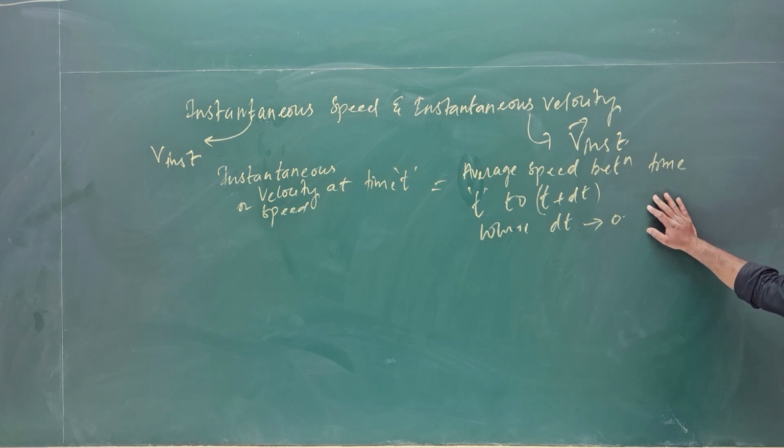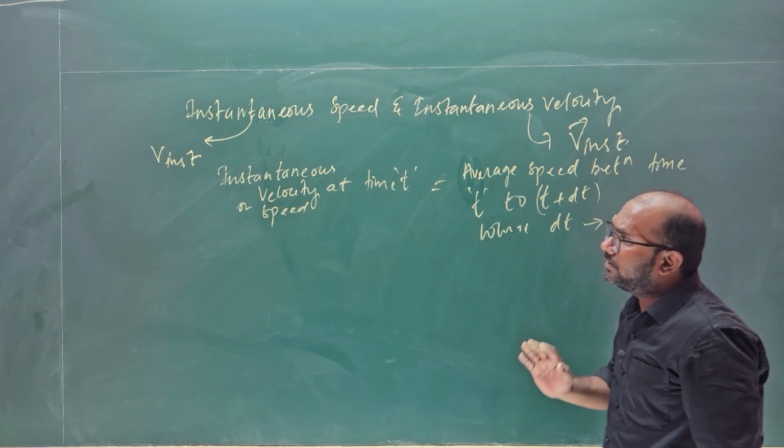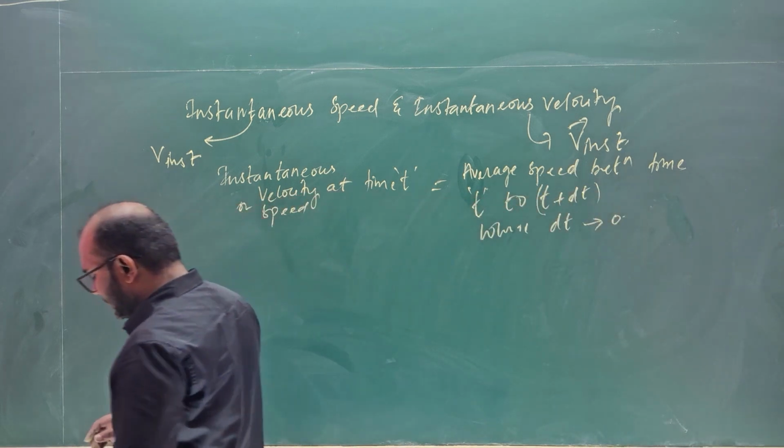Instantaneous velocity at any time t or instantaneous speed at any time t is always equal to the average speed between any two times. But to understand, first we need to understand the definition.